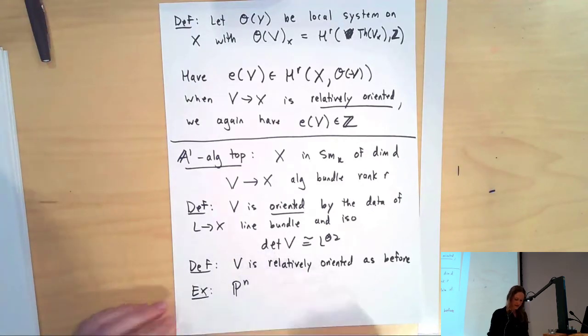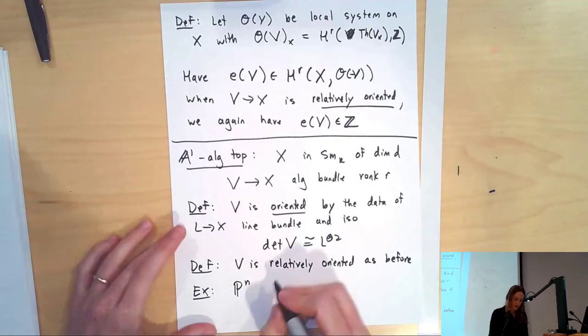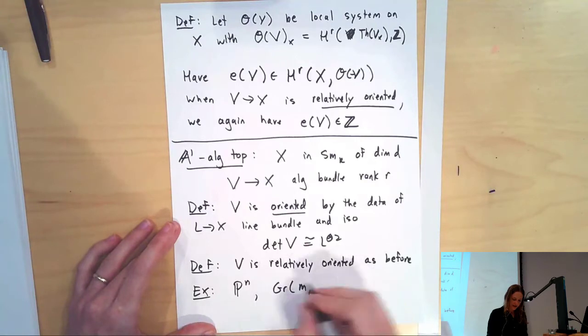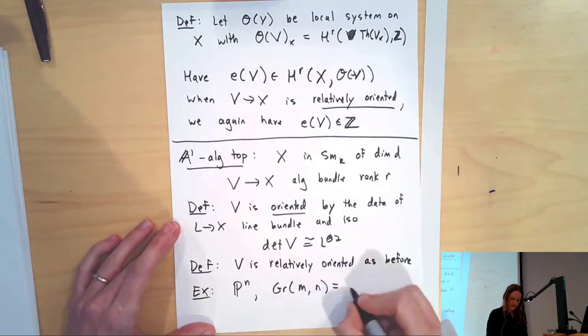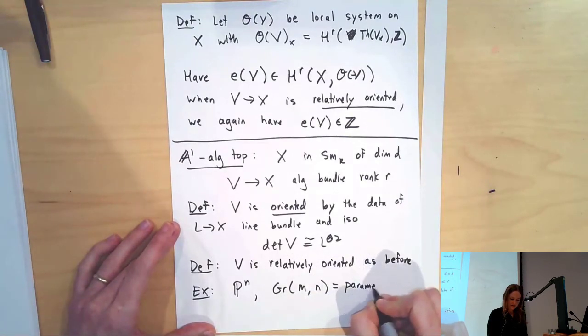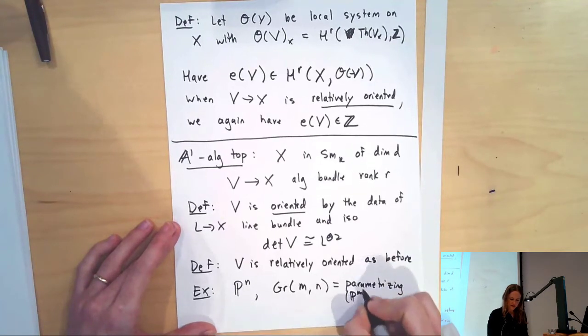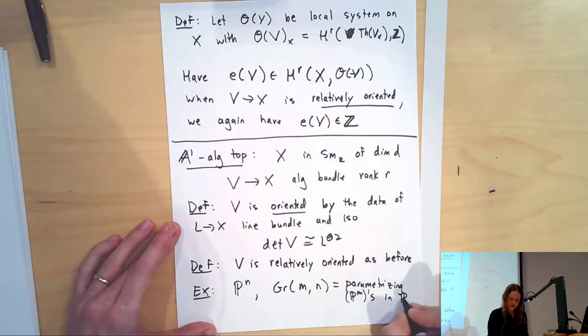So Pn, or the Grassmannian of m-planes in Pn, so parameterizing Pm's in Pn.